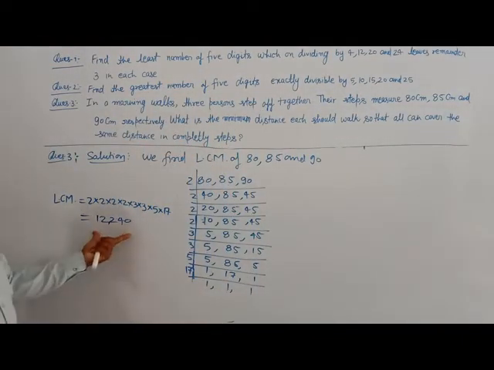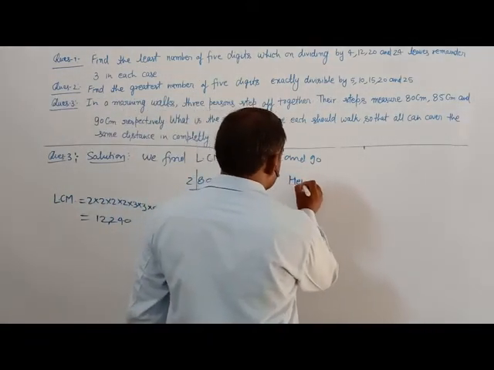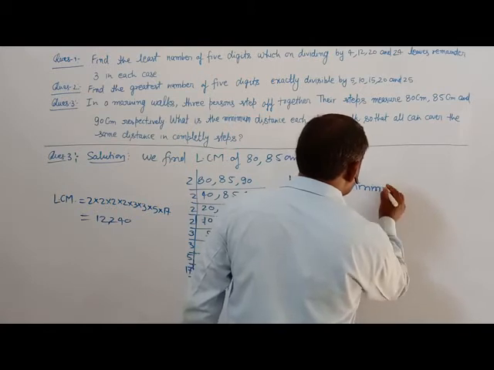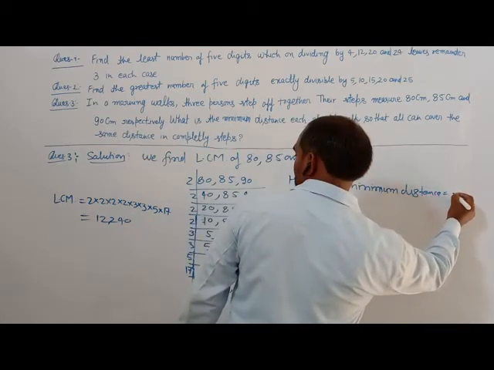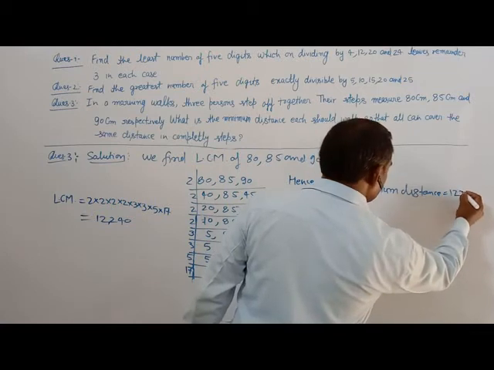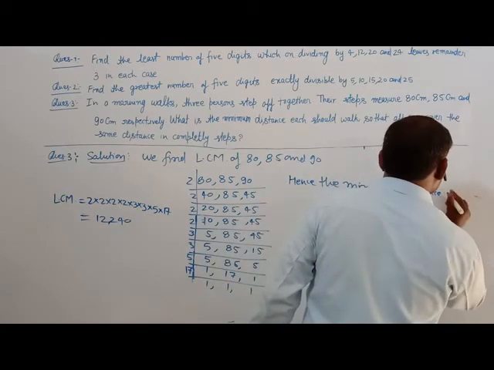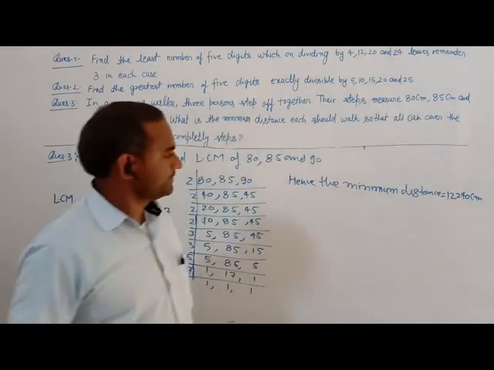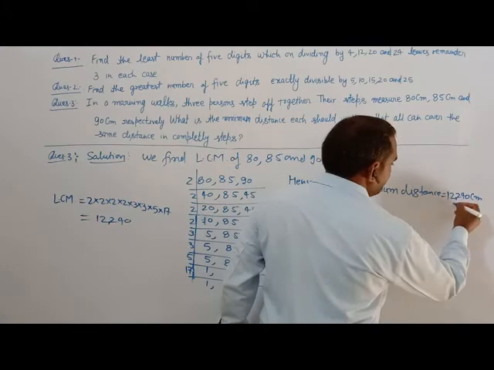This is the required distance, so the minimum distance is equal to 12,240 centimeter.